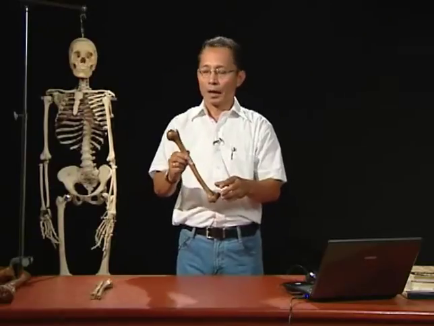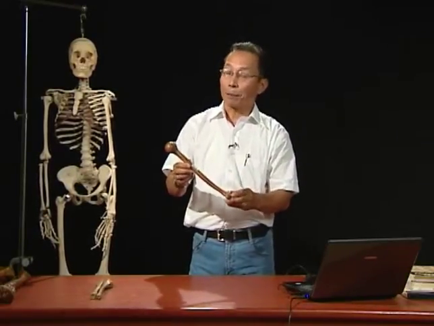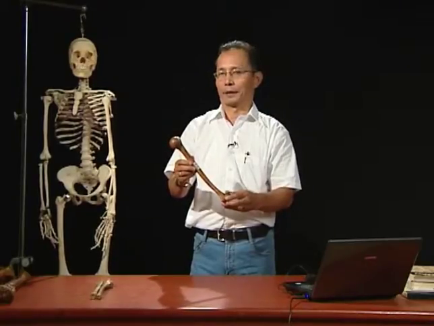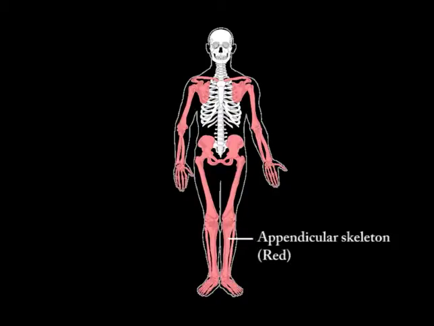Now, coming to what part of the skeleton it belongs to: I am sure you are aware the human skeleton has two important parts. One is the appendicular part of the skeleton and the other is the axial part of the skeleton.